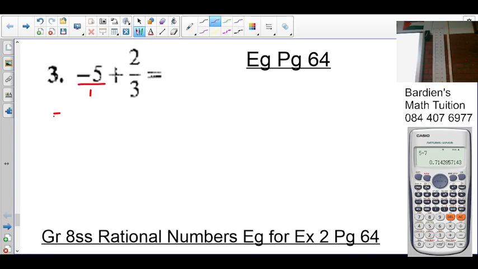That natural number is over 1, so your LCM is 3. Okay. So 1 multiplied by what is 3? 3. So negative times positive is negative. 3 times 5 is 15. 3 multiplied by what is 3? 1.